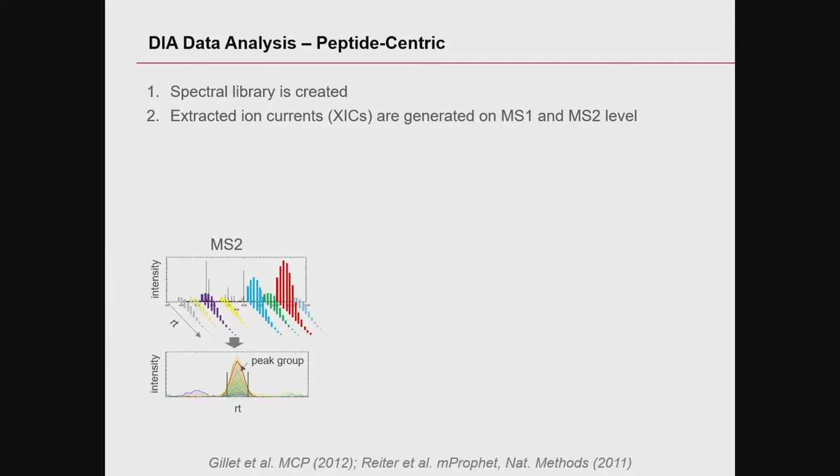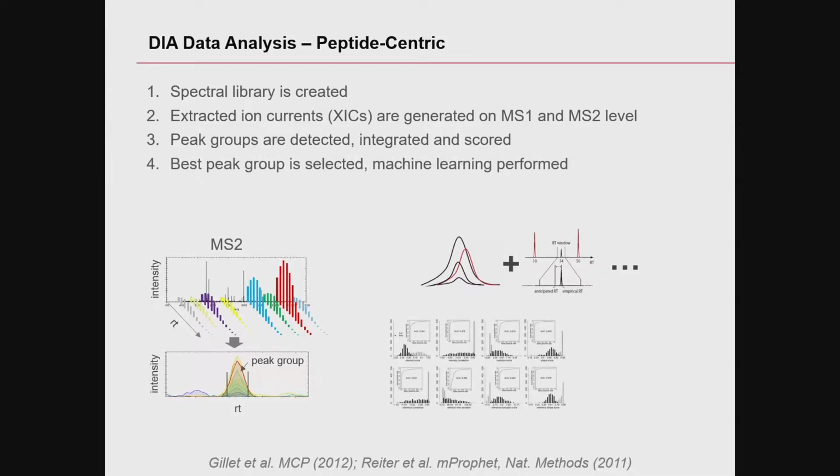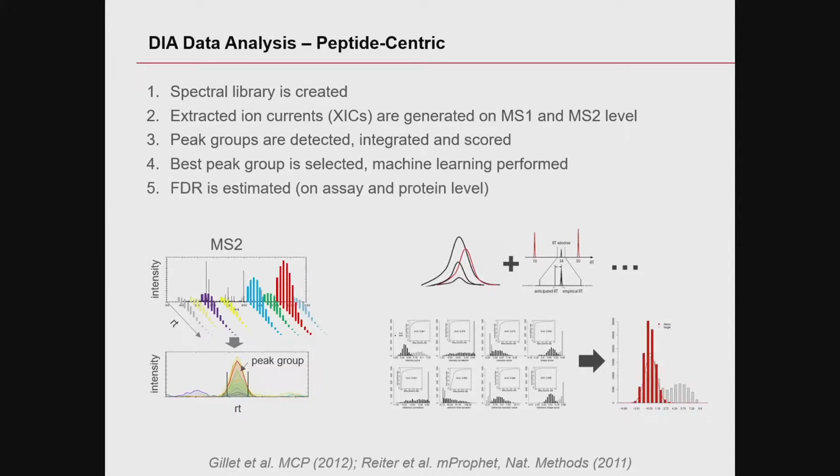They pretty much look like MRM data. You can look for peak groups within this data. You can integrate those peak groups. You can score them, and you can combine these scores. You can perform machine learning. And then in the end, you can also perform FDR estimation on the combination of those scores.